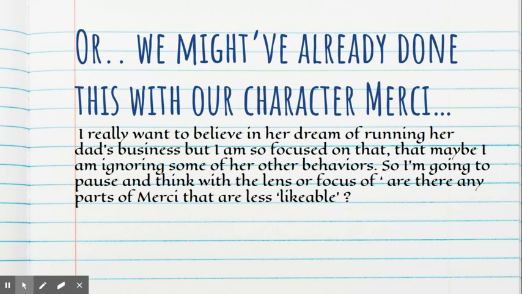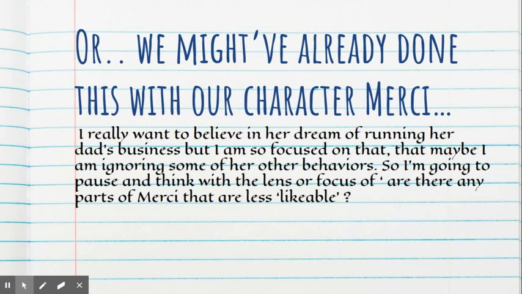So, you may have done this with our character, Mercy. At the beginning of the week, we were reading Soul Painting Inc. And I really want to believe in her dream of running her dad's business, but I'm so focused on that maybe I'm ignoring some of her other behaviors.